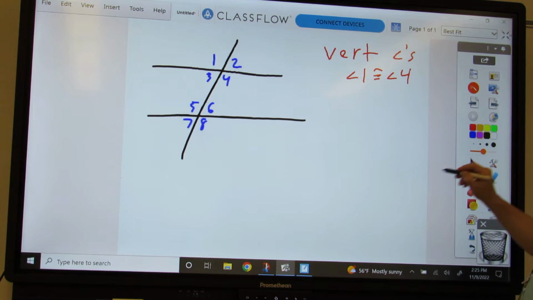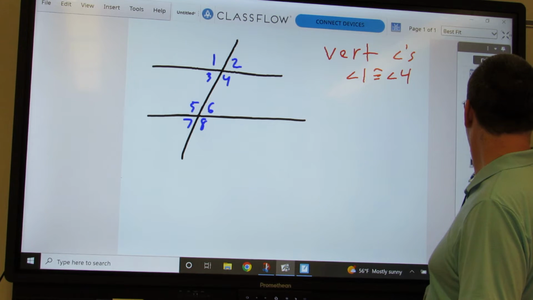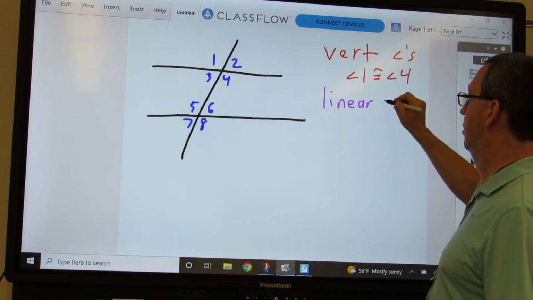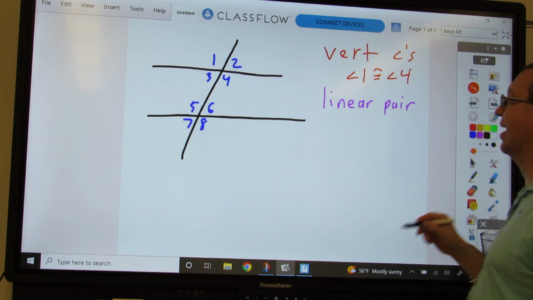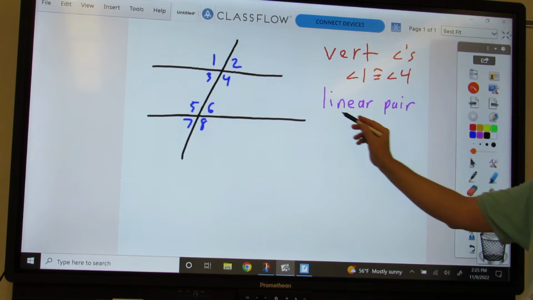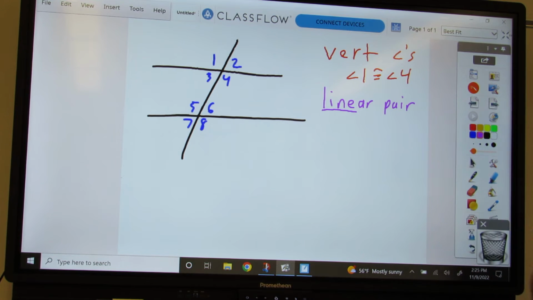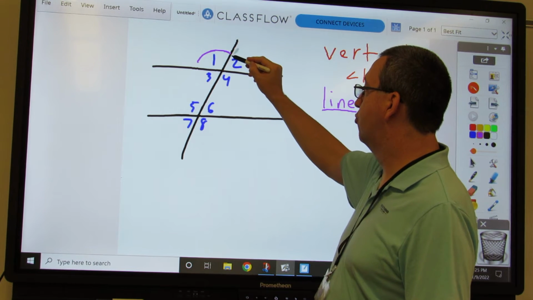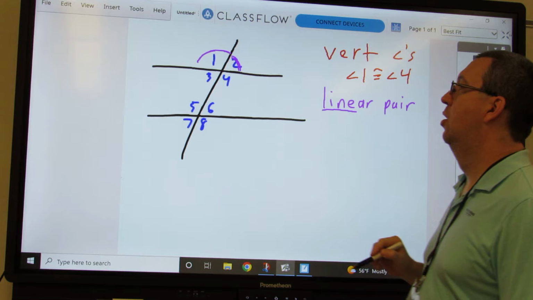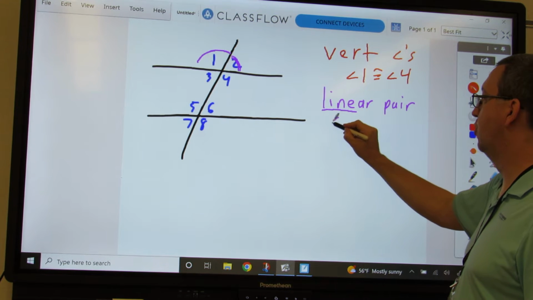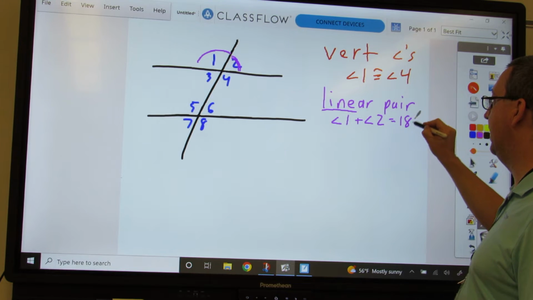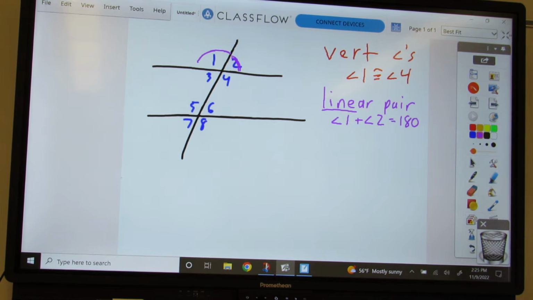Another type of angles we have are linear pair. Our linear pair are going to make a straight line when you put them together. And there's two of them, which is why it says pair. So angle 1 and angle 2 would be a linear pair. So angle 1 plus angle 2 is equal to 180 because they're a linear pair.